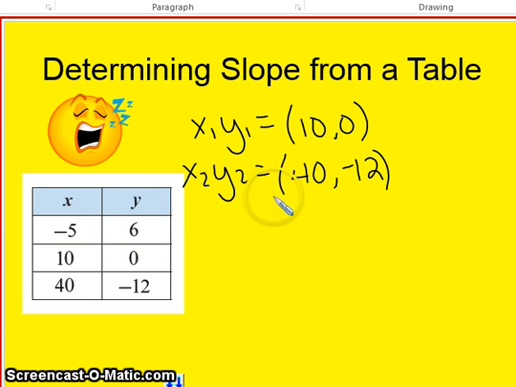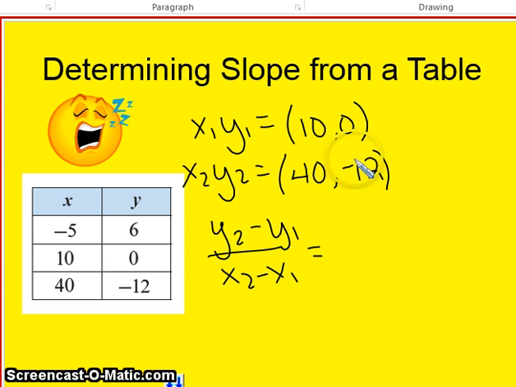Now if I want to find the slope between these 2 points, I take y2 minus y1 over x2 minus x1. So I've got y2, which is -12, minus y1, which is 0, divided by x2, which is 40, minus x1, which is 10.